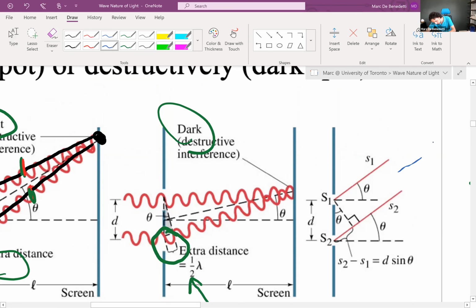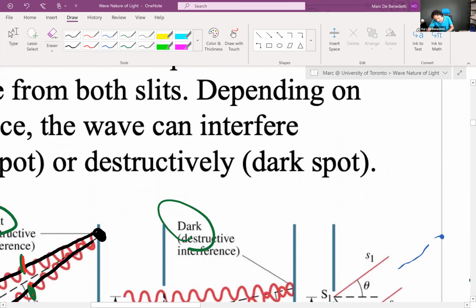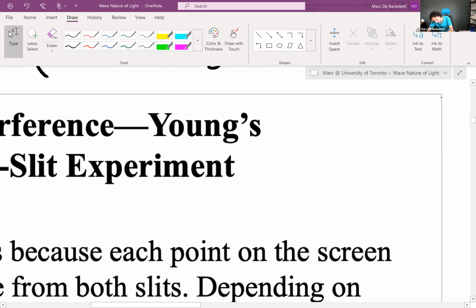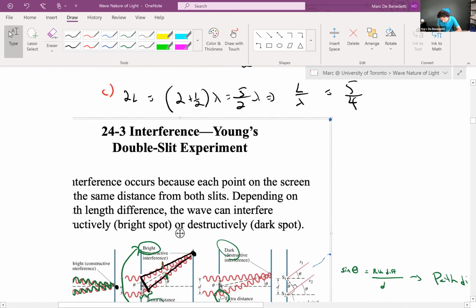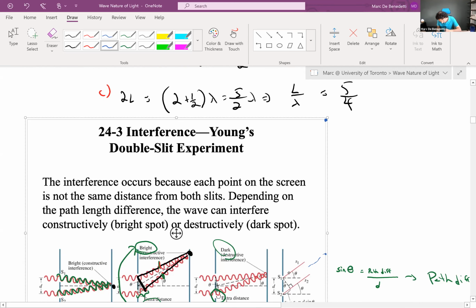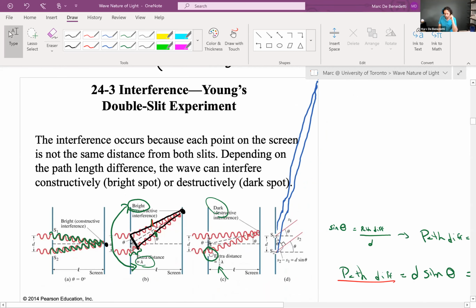So here they're sort of aiming for that spot right there. If you're aiming for a spot way up here, then those lines would look like that, right?